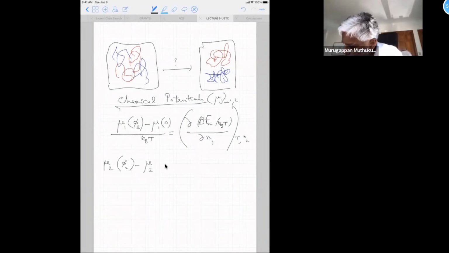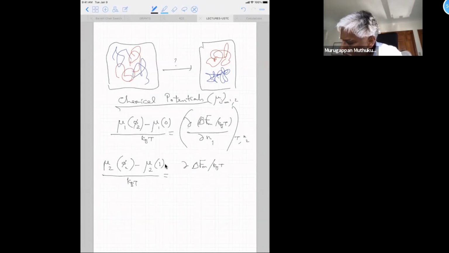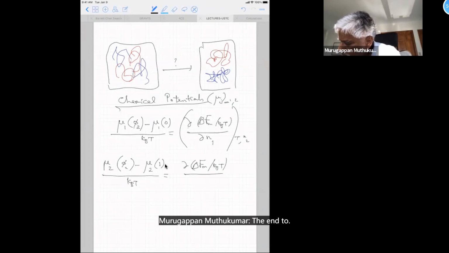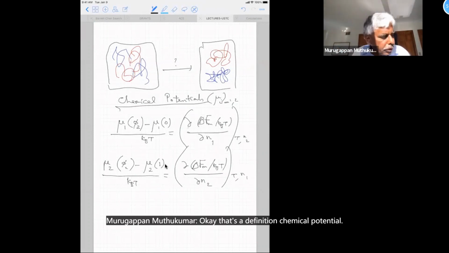So here, mu2 at phi2 minus mu2 at 1, divided by kBT, is equal to the same expression, d delta Fm by kBT, dN2, keeping temperature fixed, N1 fixed.